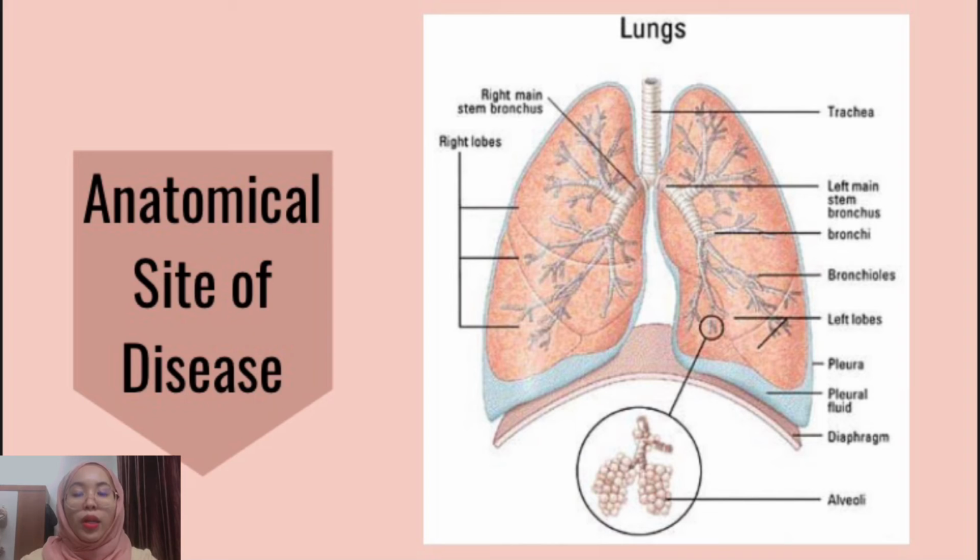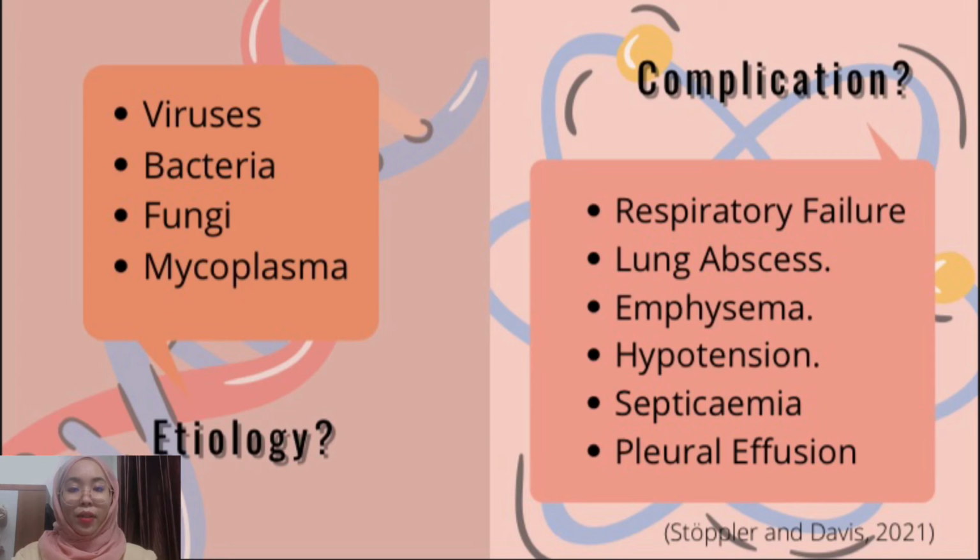For the lobes of the lung, we have two main lobes, the right lobe and left lobe. At the lowest part of the lung, we have the diaphragm. As explained in the definition of pneumonia, the infection happens at the alveoli, which are the gas exchange units.